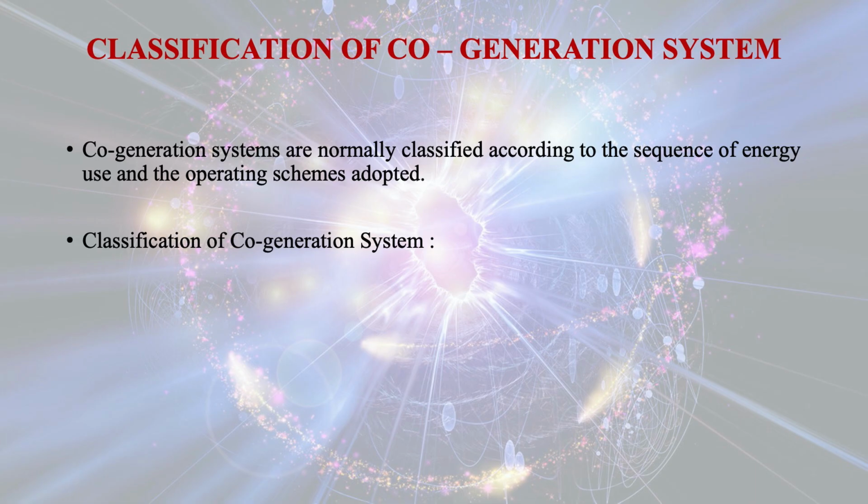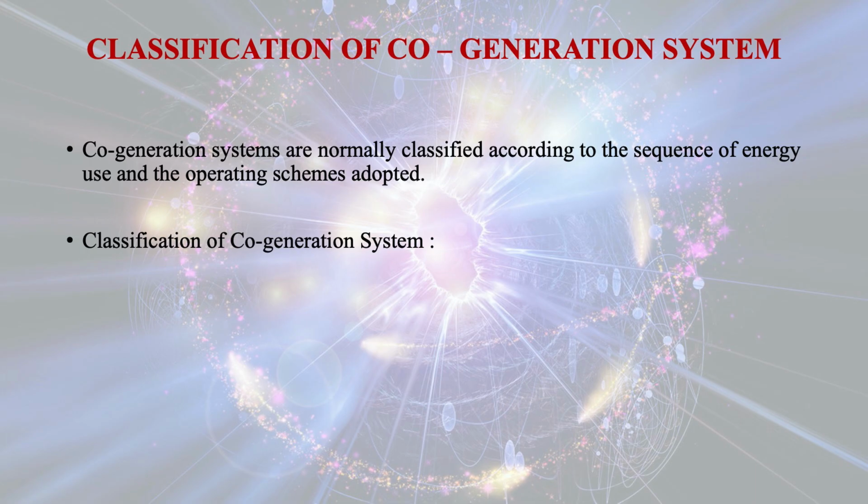So WT is equal to 1 into h1 minus h2 plus 1 minus m1 into h2 minus h3 plus 1 minus m1 minus m2 multiplied by h3 minus h4, and unit is kilojoule per kg. The first part of the right hand expression for the turbine work is 1 into h1 minus h2.